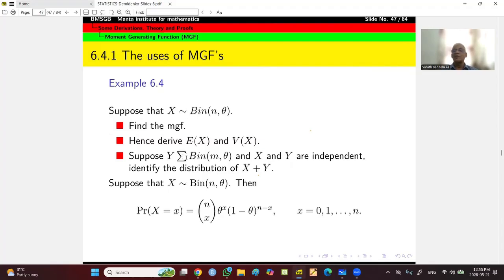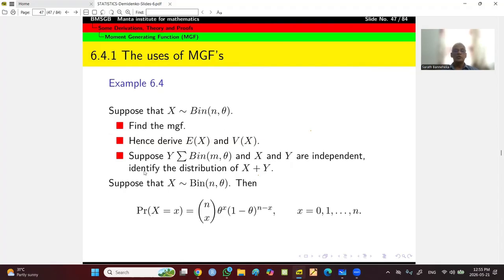But what happened was I typed backslash sum, then you get this one. So that's the problem here. So this should be replaced by this sign here to say y has a binomial n theta and x and y are independent. Then it asks me to identify the distribution of x plus y.